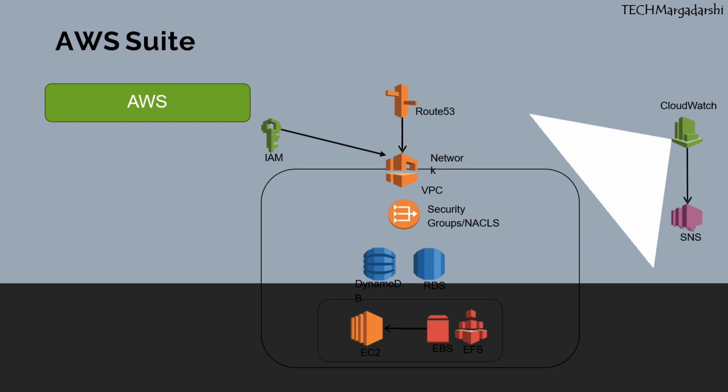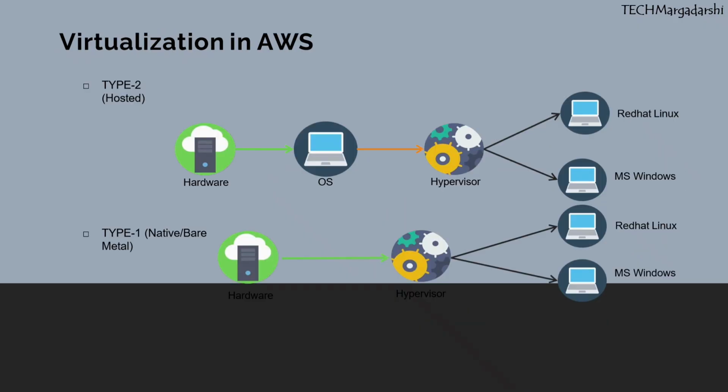Now under AWS Suite, we'll discuss AWS Services Overview. AWS provides services like EC2, virtual servers; EBS/EFS, storage; RDS/DynamoDB, databases; IAM, security; VPC, networking; CloudWatch, monitoring; SNS, notifications. Everything is on demand, scalable, pay as you use. Now let's move on to the next topic.